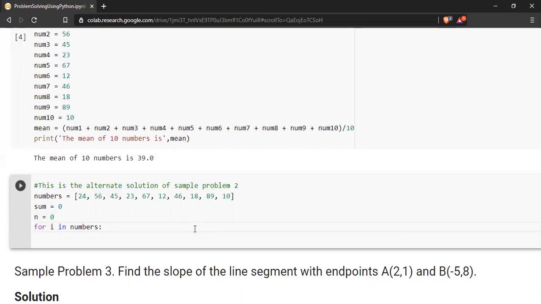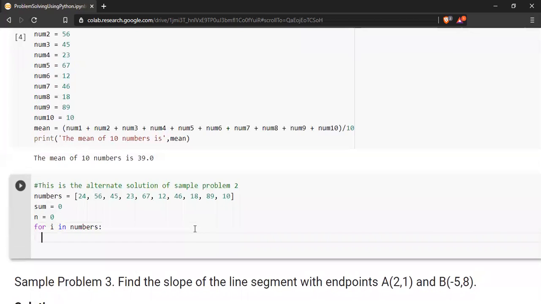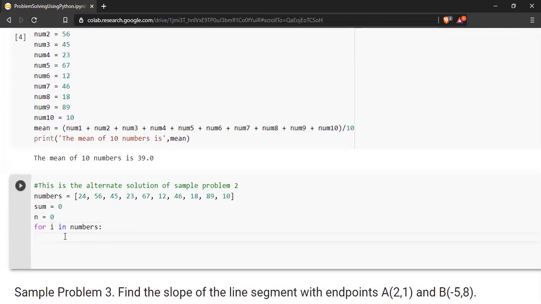I just want you to know that there are a lot of solutions to a certain problem, especially if you are using programming. So i here will be the variable that will be used, meaning to say all the numbers listed here will be stored to i one at a time. Okay, one at a time. It will be stored to variable i.